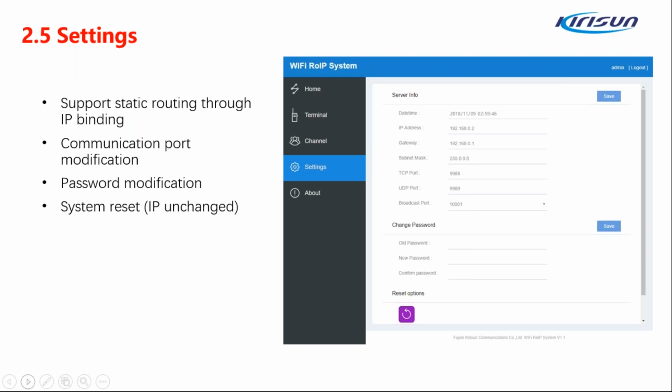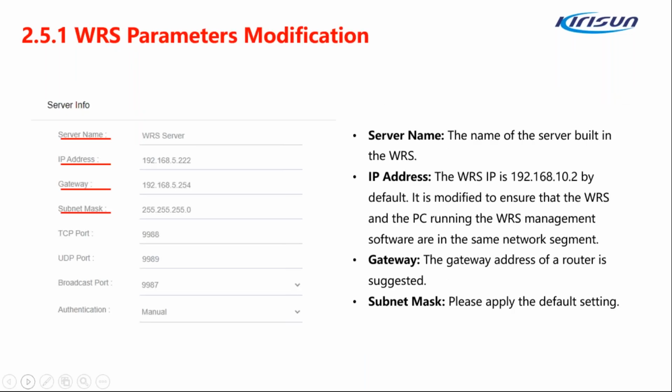The first part of the settings is the WRS parameters. Here are some detailed parameters introduced below. For example, server name is the name of the server built in the WRS, and the IP address and the other parameters settings.